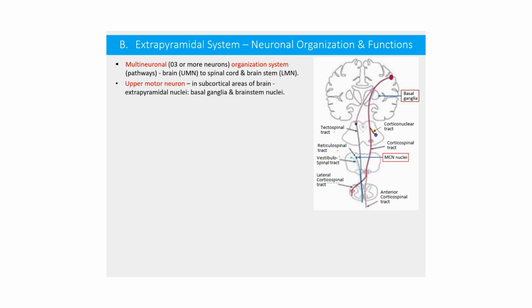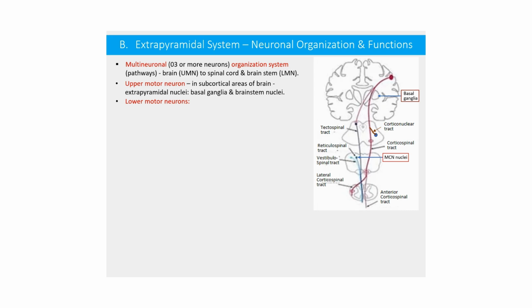The upper motor neurons of the extrapyramidal system are present in the subcortical areas of the brain, and they are also named as extrapyramidal nuclei, such as basal ganglia and brainstem nuclei.